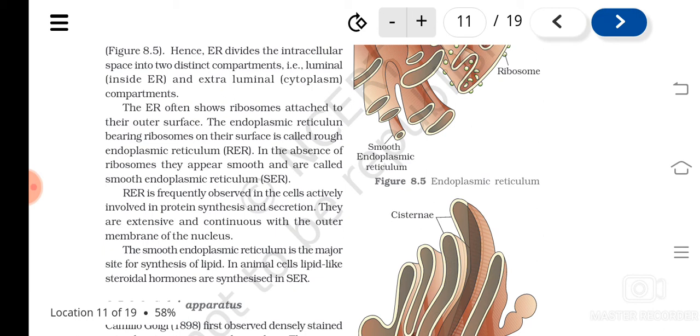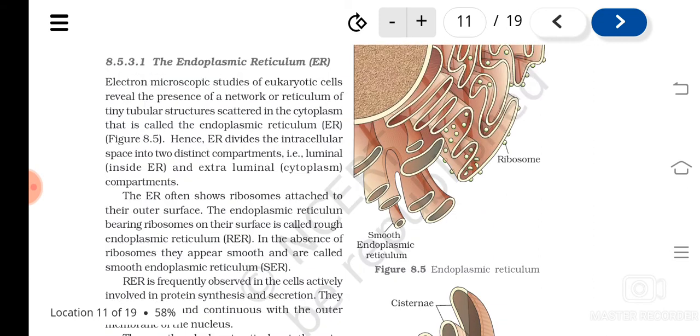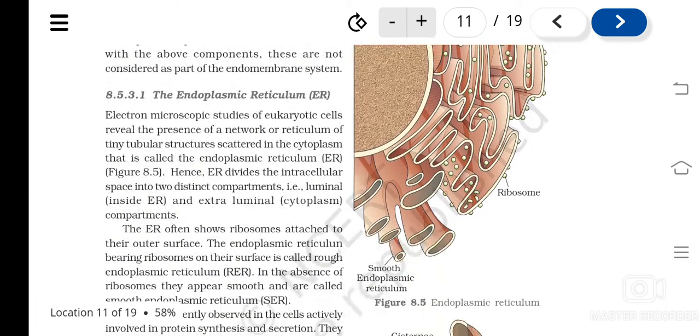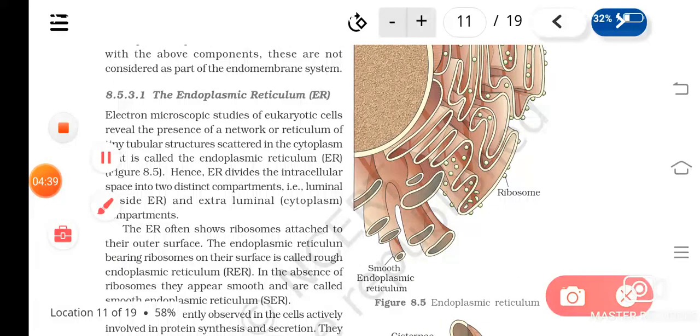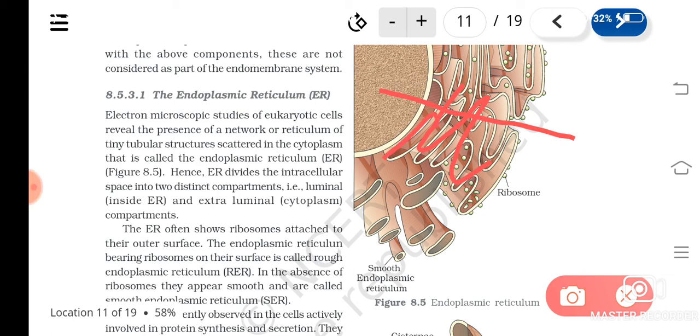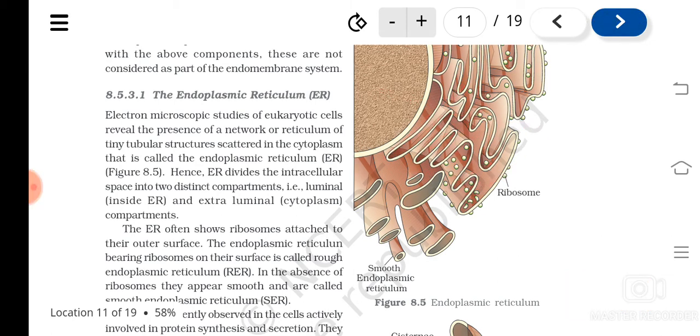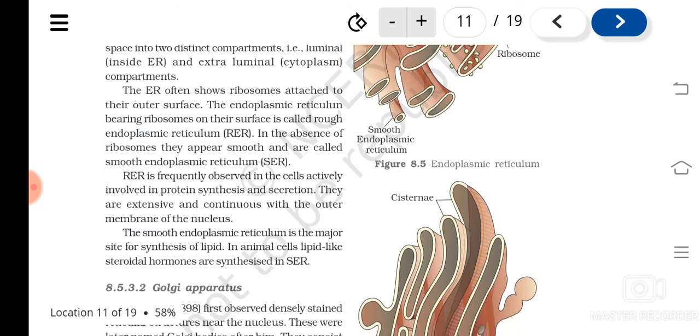So the RER is the site of protein synthesis. You can see that RER is continuous with the nuclear membrane. This is the nucleus, and as an extension of the nuclear membrane, you can see the RER.